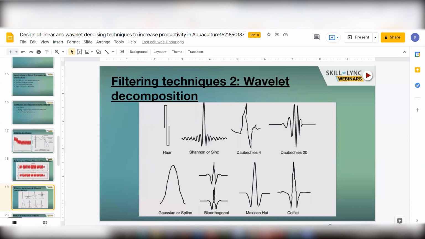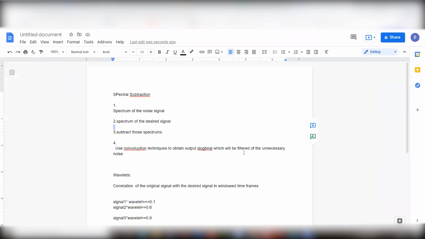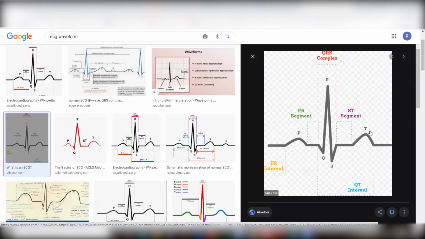For example, if you know an ECG signal, let me see if I can draw it. So this is the ECG signal.